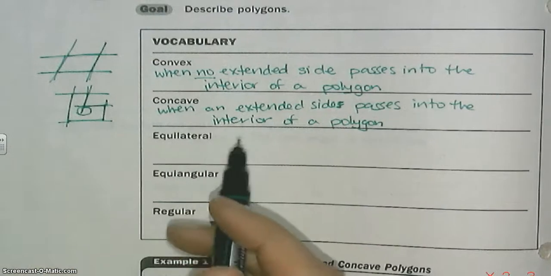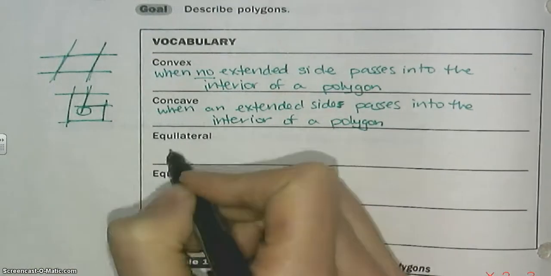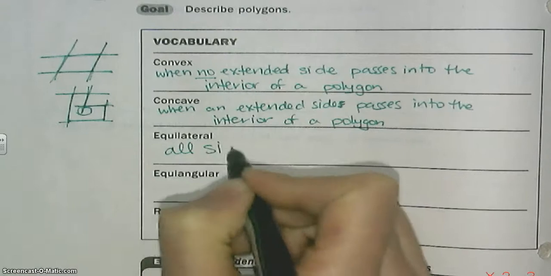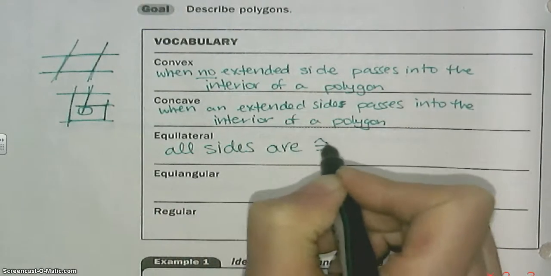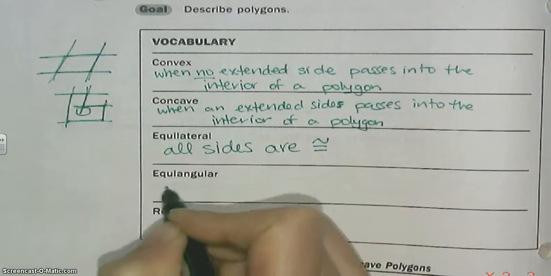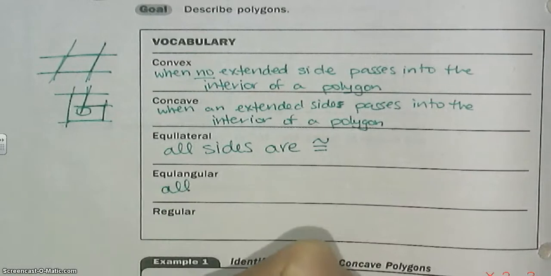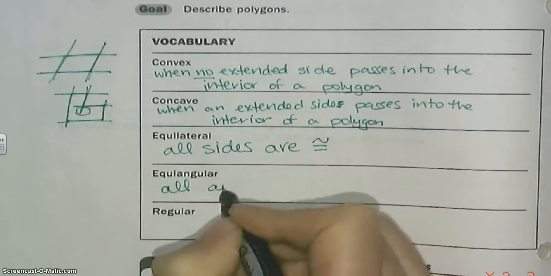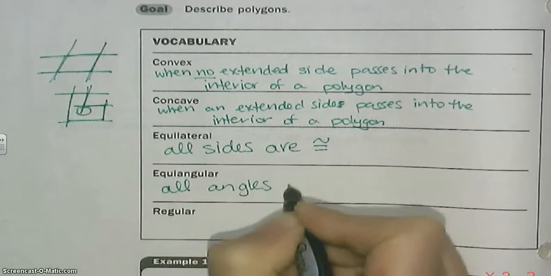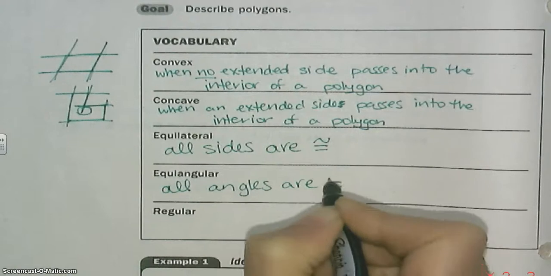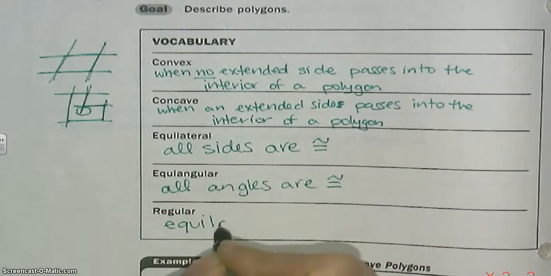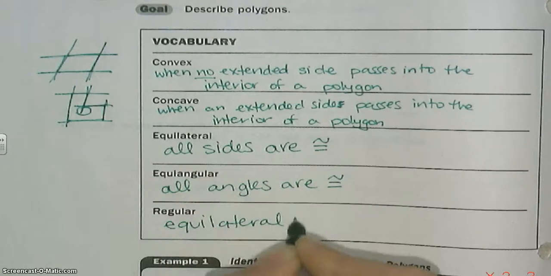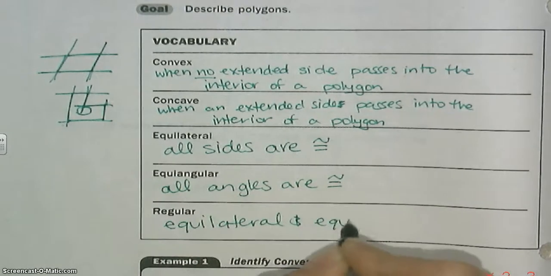You've heard equilateral before. So this is when all sides are congruent. And equiangular is when all angles are congruent. Regular is equilateral and equiangular.